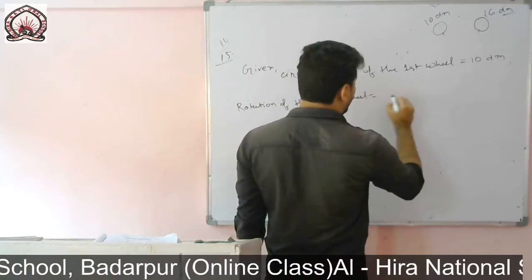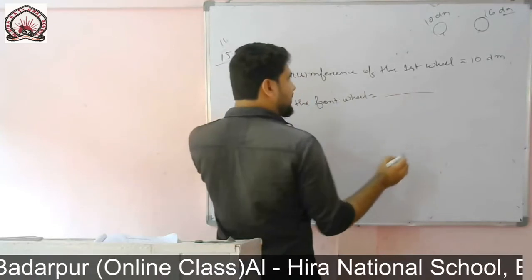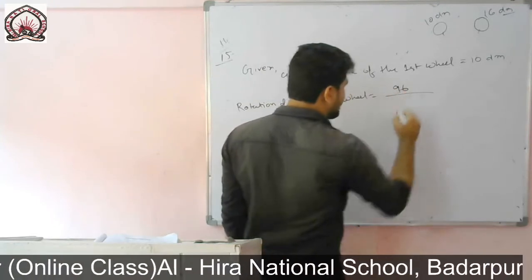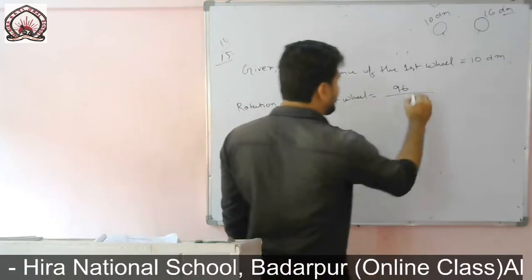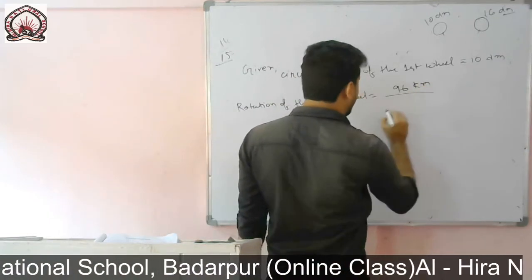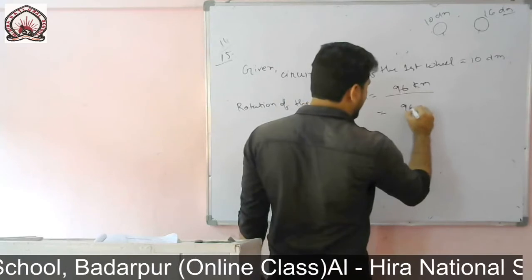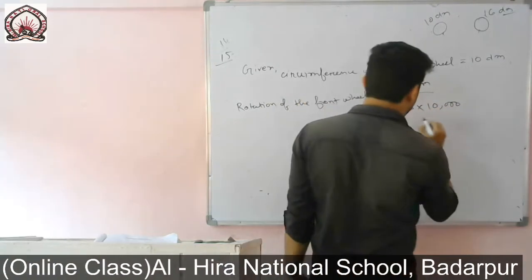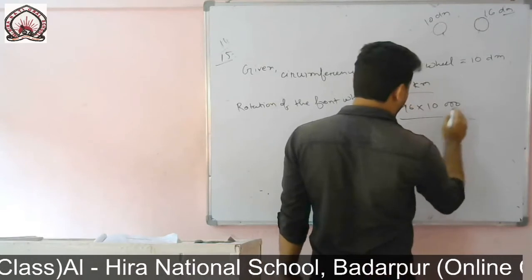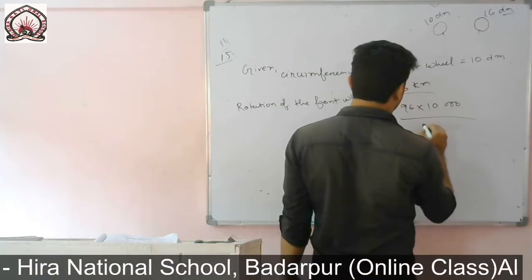Distance by the circumference. Distance is 96 kilometer. Then we have to convert it into decameter, otherwise not. If you multiply by 1000, it will be converted to decameter.